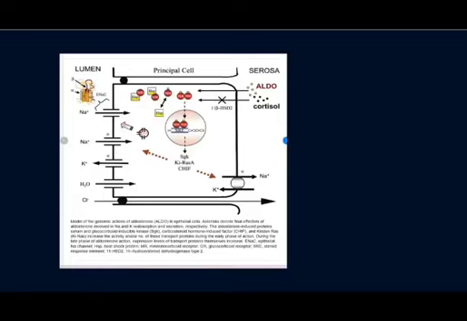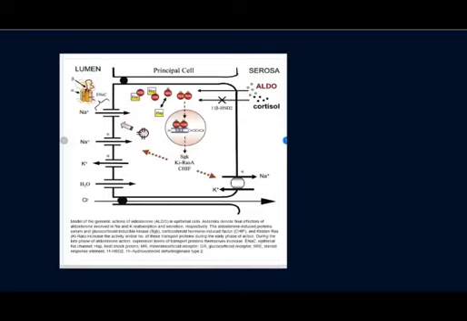All these things will increase the activity of ENaC, and it will increase the activity of the sodium potassium ATPase in the basolateral membrane. As a result of the increased activity of the sodium potassium ATPase and the ENaC, there will be increased reabsorption of sodium and excretion of potassium. So this is the primary way in which aldosterone acts.